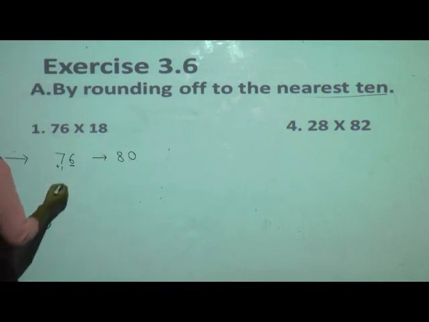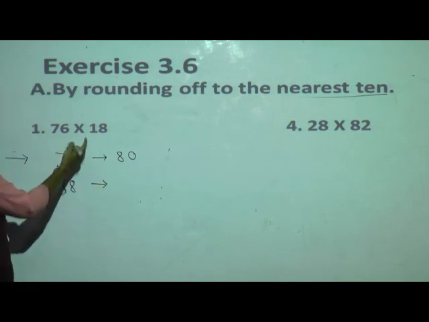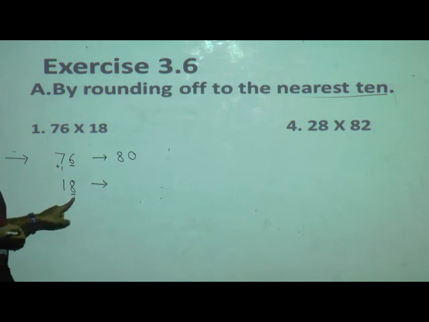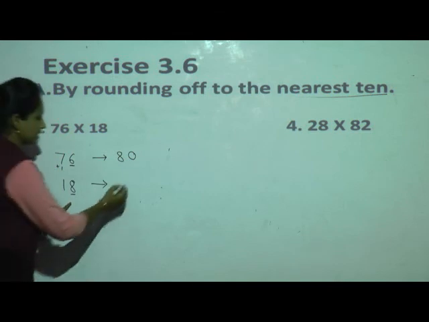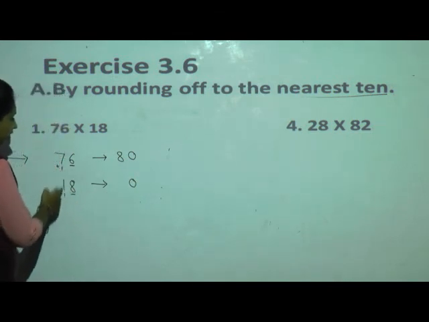Now the next number, 18. Again nearest tens, so underline the ones place. What is there on the ones place? 8 is there. Okay, so 8 is more than 5. So what is our rule for nearest tens? If it is 5 or more than 5, we will place 0 at the ones place and we will add 1 to the tens place.